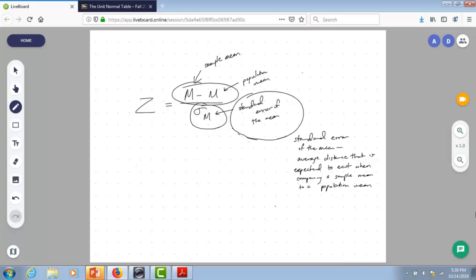Many of you may be wondering, how did the standard error of the mean even come about? Well, in most research scenarios, we don't have access to the population. Let's say we had some intelligence scores, and let's say we had a population mean of 100 and a population standard deviation of 15.